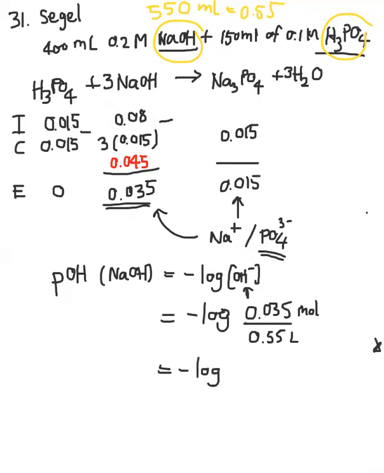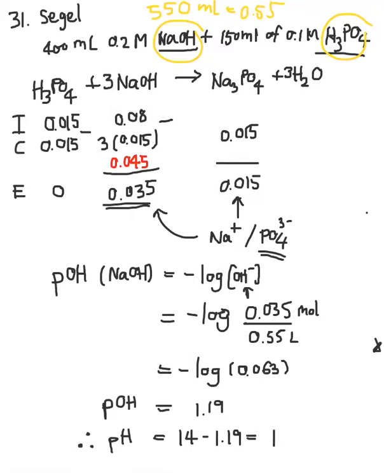So you get minus log 0.063, and the pOH will be equal to 1.19. Again, when you have pOH, you can calculate pH using 14 minus 1.19, and this is equal to 12.81 here.